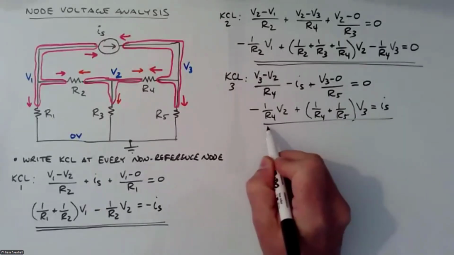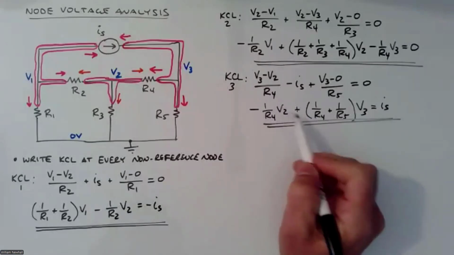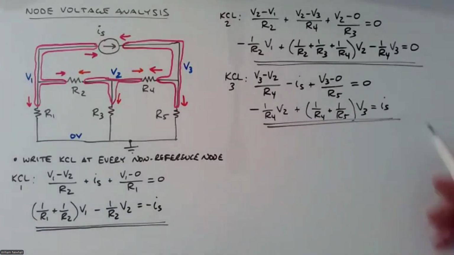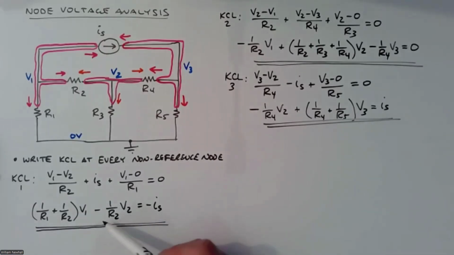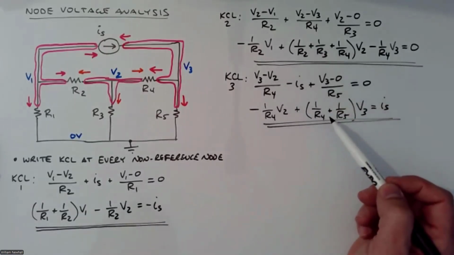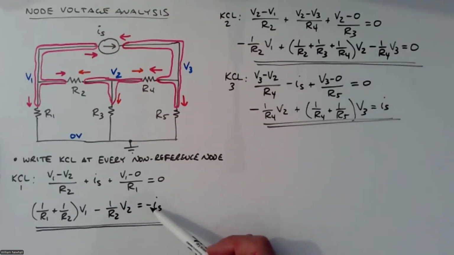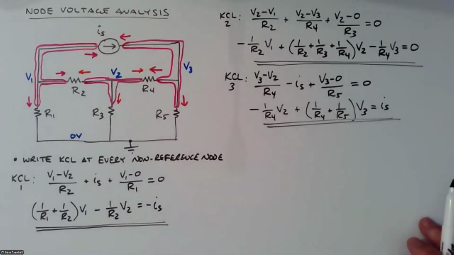Okay. So I have a number times V2 plus a number times V3 equals a number. I have three unknowns, V1, V2, V3 in these three equations. And so I can solve these using whatever I want.